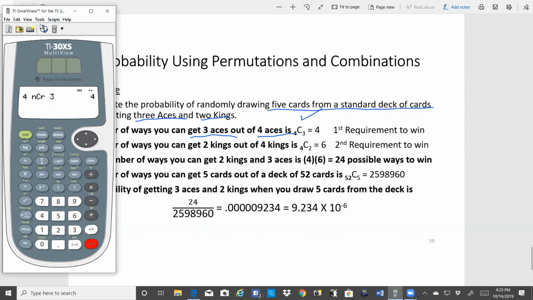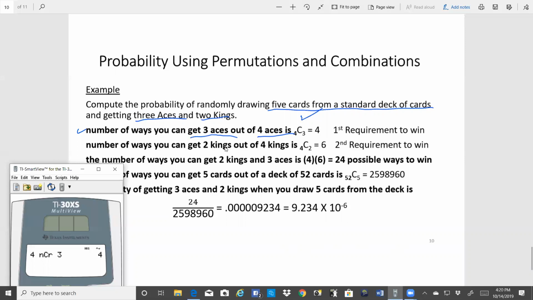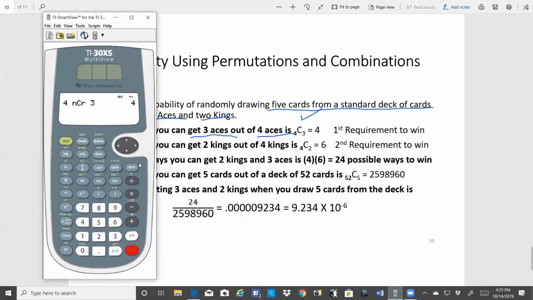Now we want to look at the number of ways you can get 2 kings out of 4 kings. Notice there are 4 kings in the deck. Getting 2 of those is going to be a combination of 4 things taken 2 at a time. Let's do that one. It's 4 things. Here again, make sure you pick the combination.